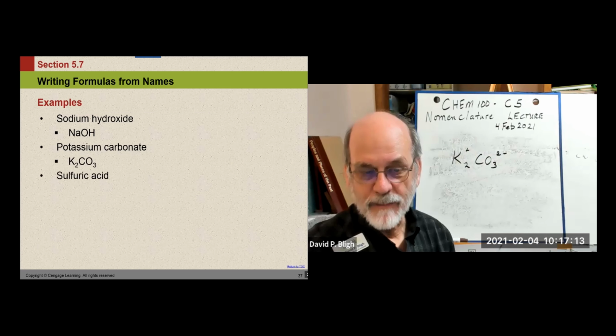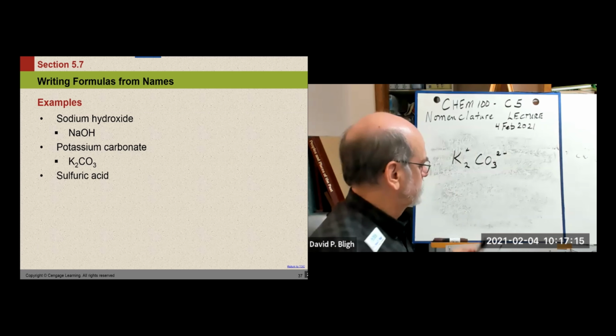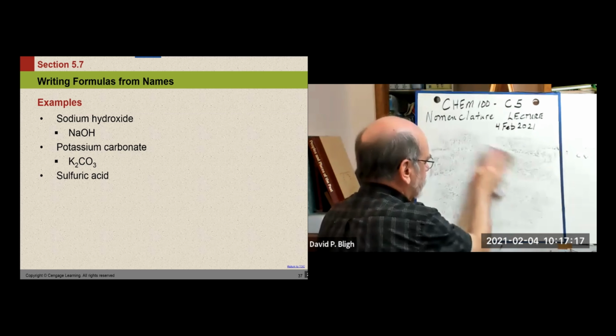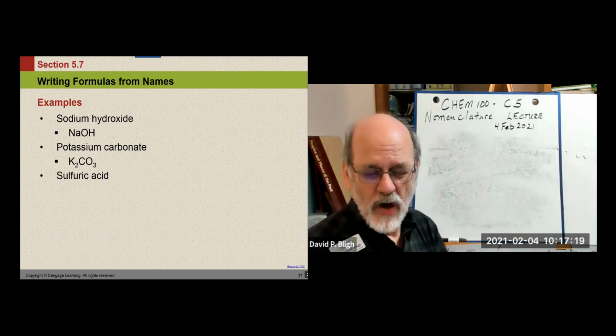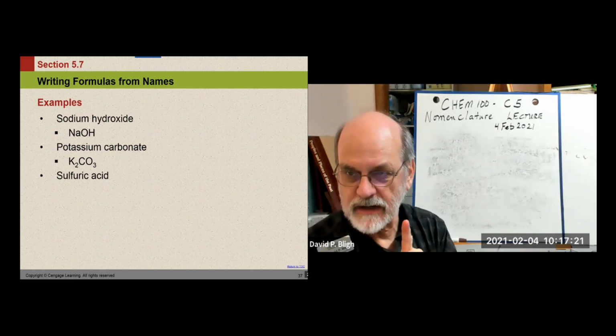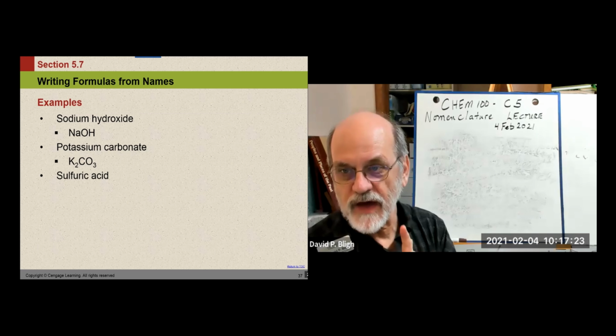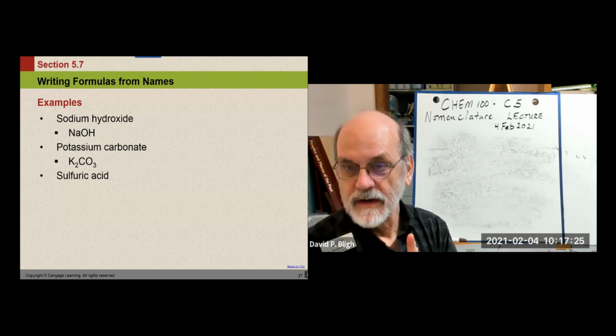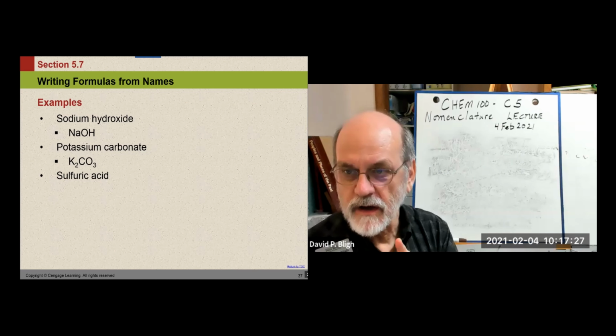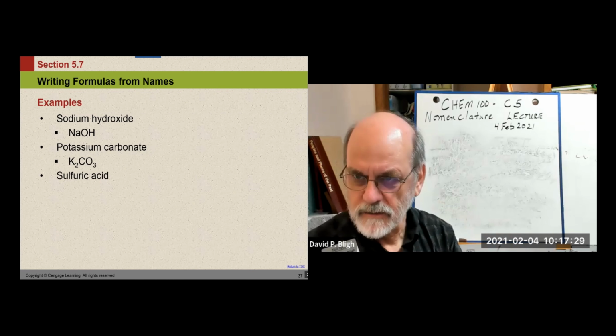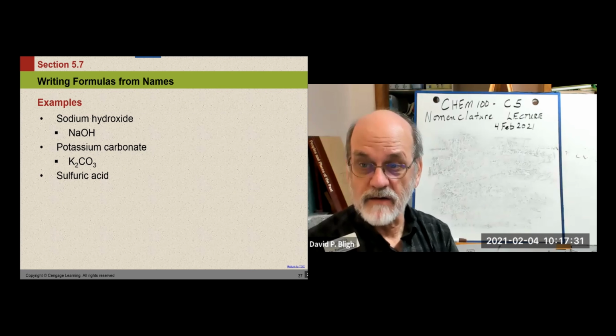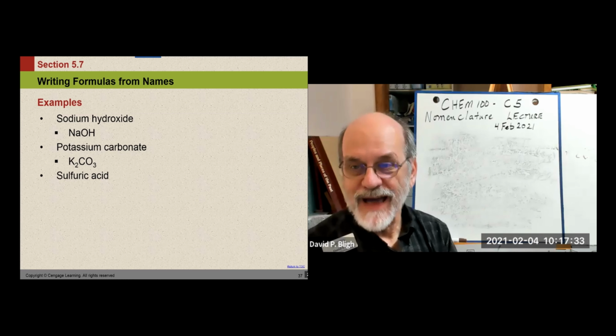All right. How about sulfuric acid? We know that it has oxygen in it because it doesn't start with hydro. So we look for sulfuric. What was its origin? Where did ic come from? Ic comes from ate.